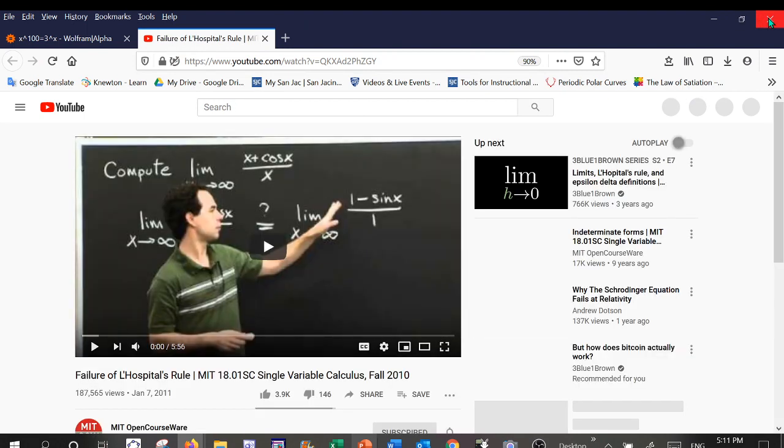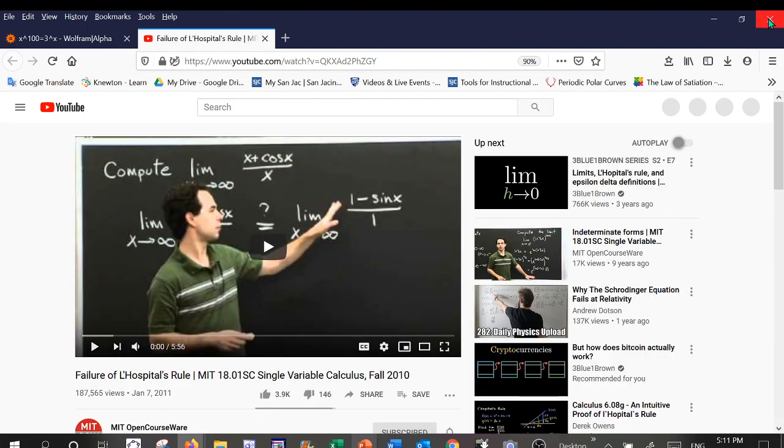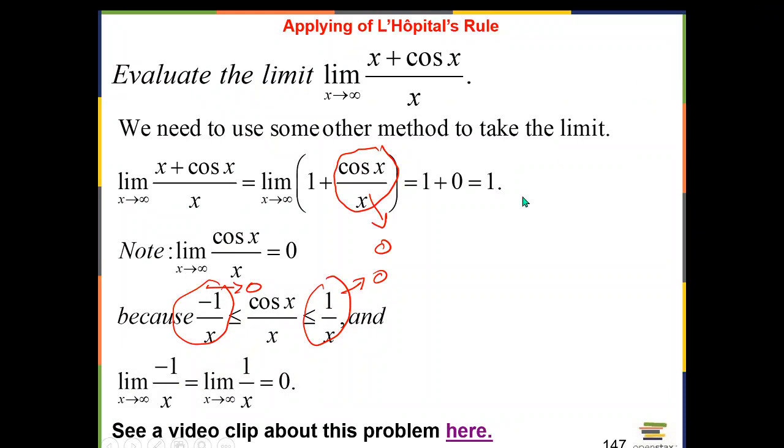Yes. There you go. So it does work. So this is a single variable calculus course in MIT OpenCourseWare. Let me close it. All right, so you can do that in the notes. It's the same problem I just did here.